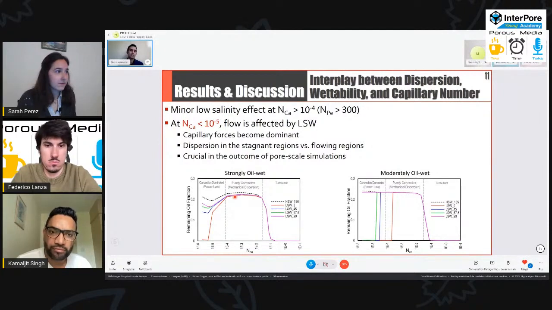But if we do the simulation at lower levels, we can see that wettability alteration starts to have a really big effect and tends to improve the ultimate oil recovery very much. So this is another very important aspect to focus on in our simulation studies, and we have to focus on these lower capillary numbers.